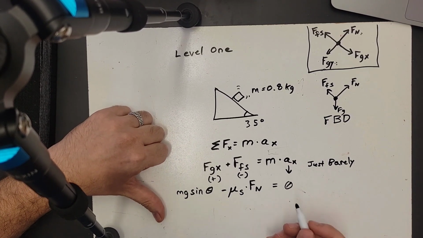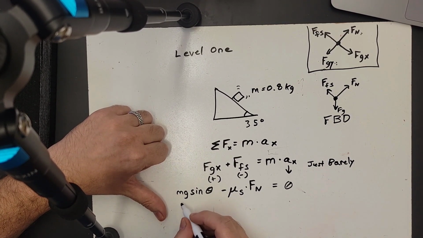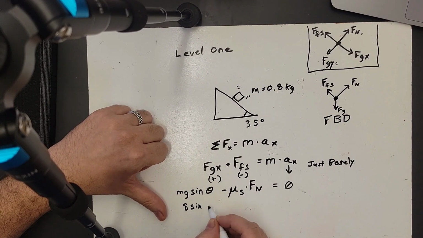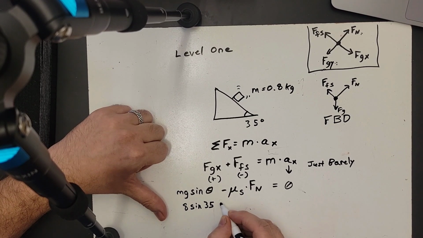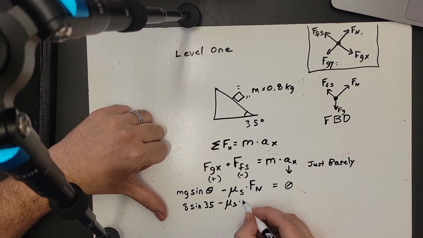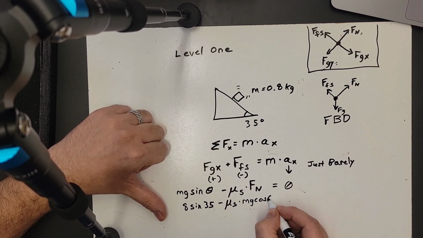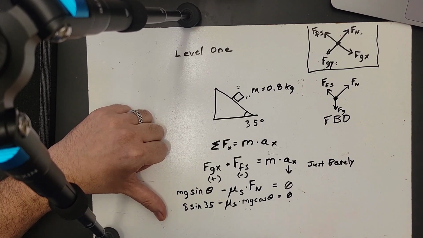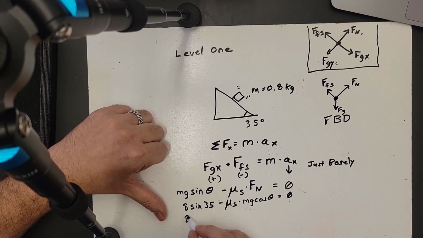All right, but I'm going to put some numbers in here. 0.8 times 10 is 8 sine 35. Okay, and then my normal force, well, that's going to be mg cosine theta. So I got 8 sine 30.